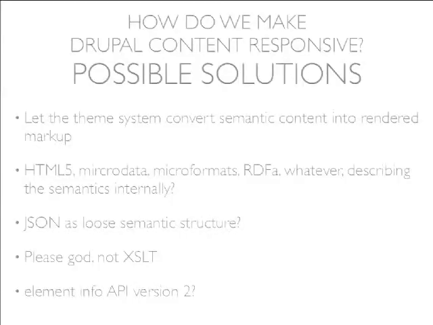The thing is that right now the element info API is flexible, but it's hard coded to HTML output, and it's not thinking about things in a semantic way at all. It's just, we've got lists, I don't know what this means. We have an HTML tag element info right now, which I understand the need for, but it's not semantic at all. That's the end of my slideshow, apparently. I have no more slides.